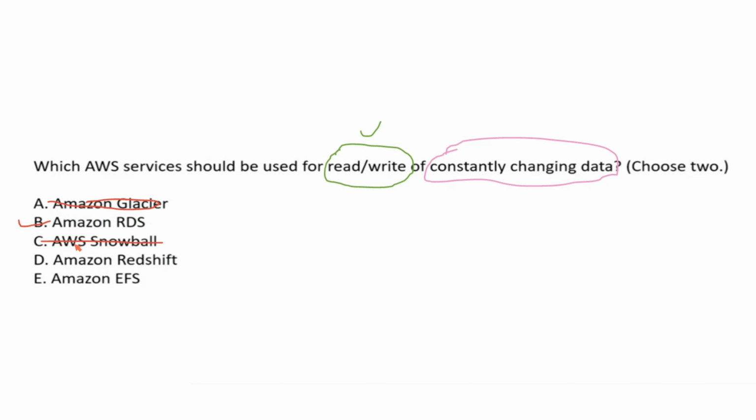Let us talk about Redshift. Redshift is again something which I can call a database warehouse. It deals with SQL only, but it stores the data and does not deal with constantly changing data. So hence this cannot be our answer either, and it is also eliminated.